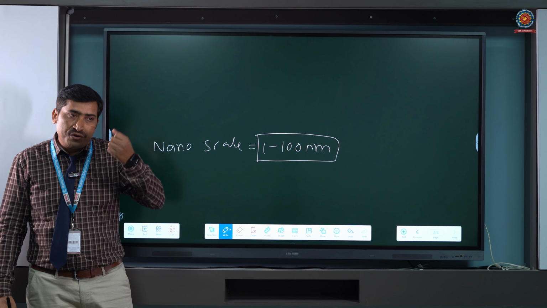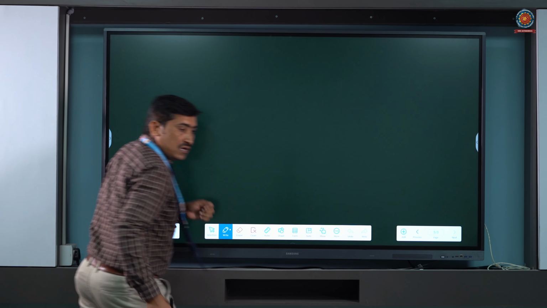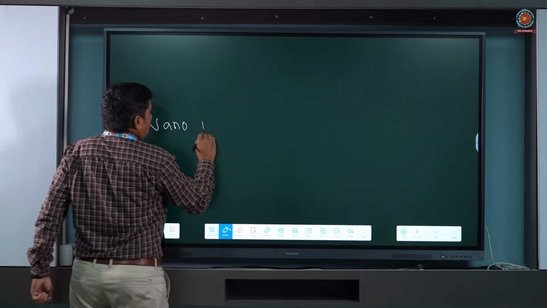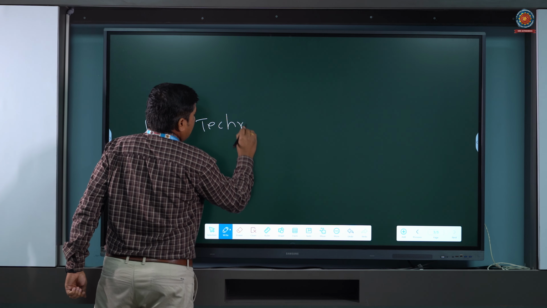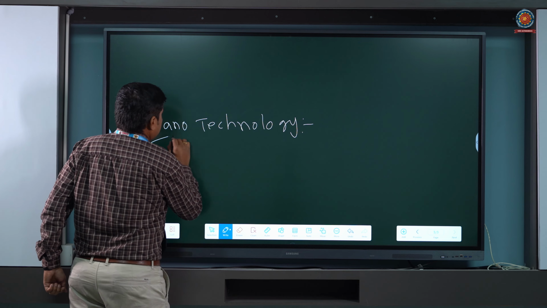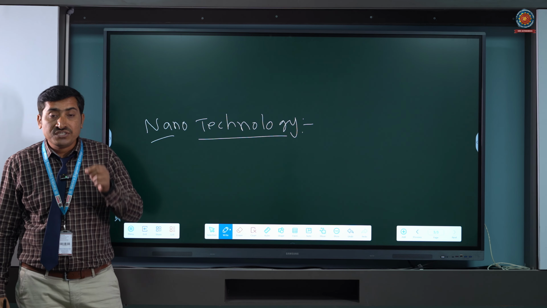Next is nanotechnology. Nanotechnology is a technology to implement our samples in different areas. It is a branch of engineering physics.